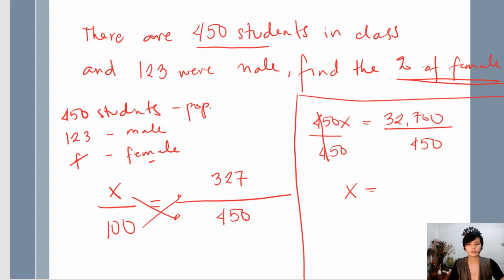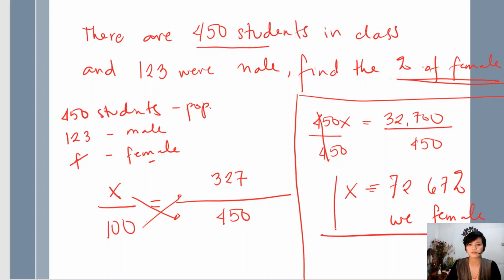X is equal to 72.67%. So 72.67% were female. This will be your answer.